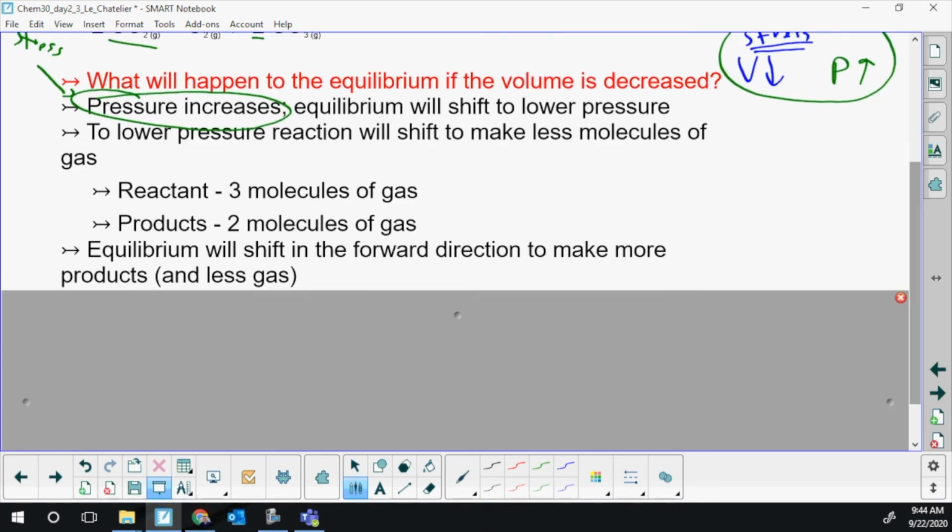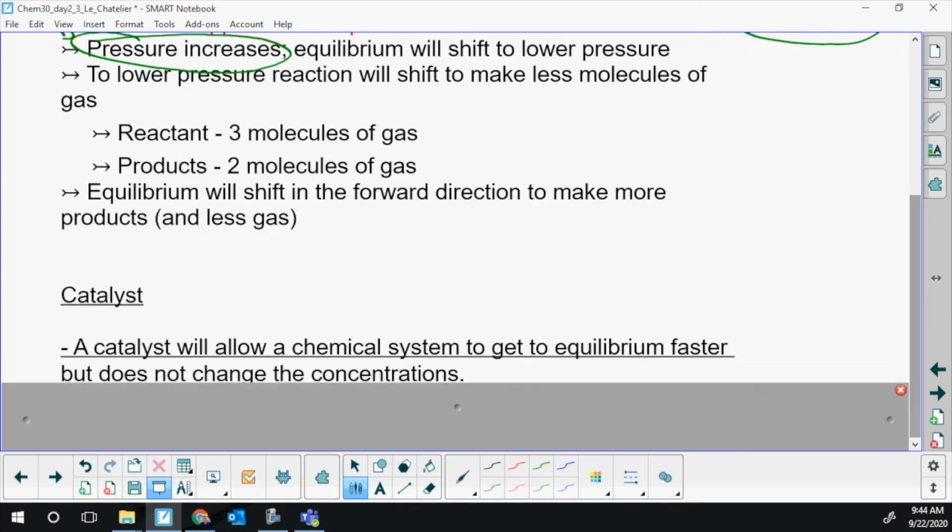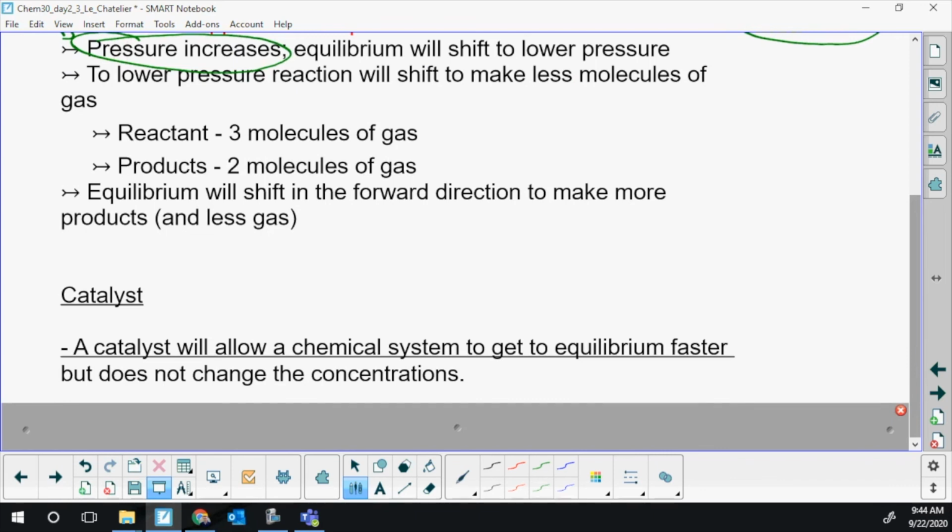Another time you'll get no shift is if you add a catalyst. We're going to do rates of reaction 2 units from now, and that's what a catalyst affects: how fast a reaction occurs. But it does not change equilibrium values. It doesn't make more chemical, it just gets you there faster. So if you see the addition of a catalyst and you're asked what happens, the answer is nothing at equilibrium.